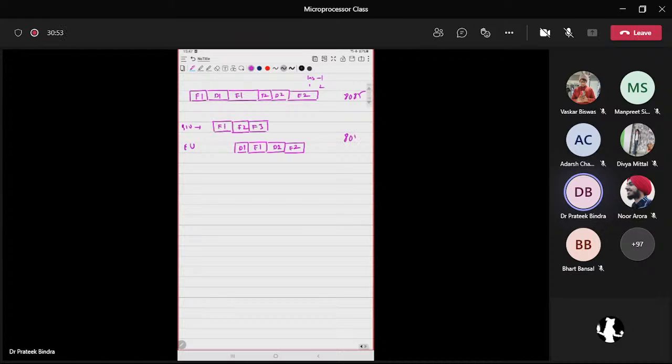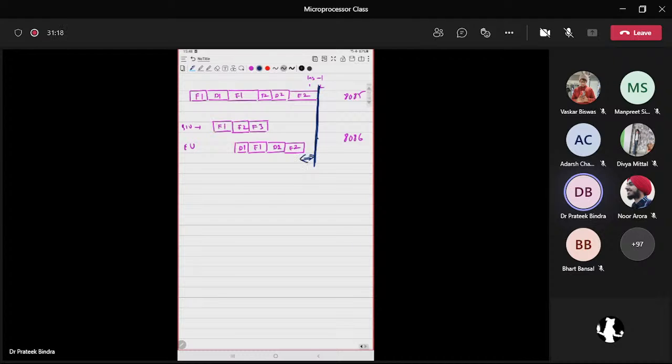And if any microprocessor supports pipelining, that means you are doing two things parallelly. One circuit will just fetch the instructions, and the other circuit is going to decode and execute. If you compare these two, you can see very easily that after this time, you have this extra thing.